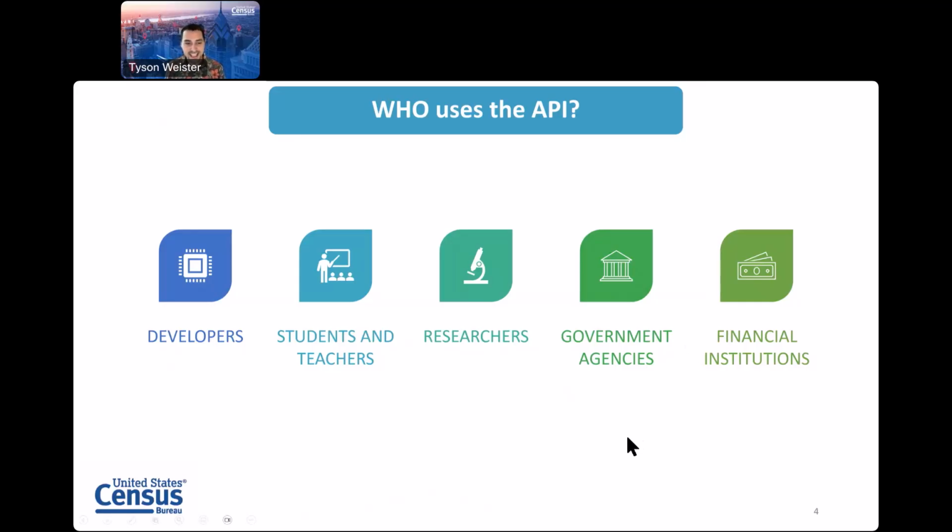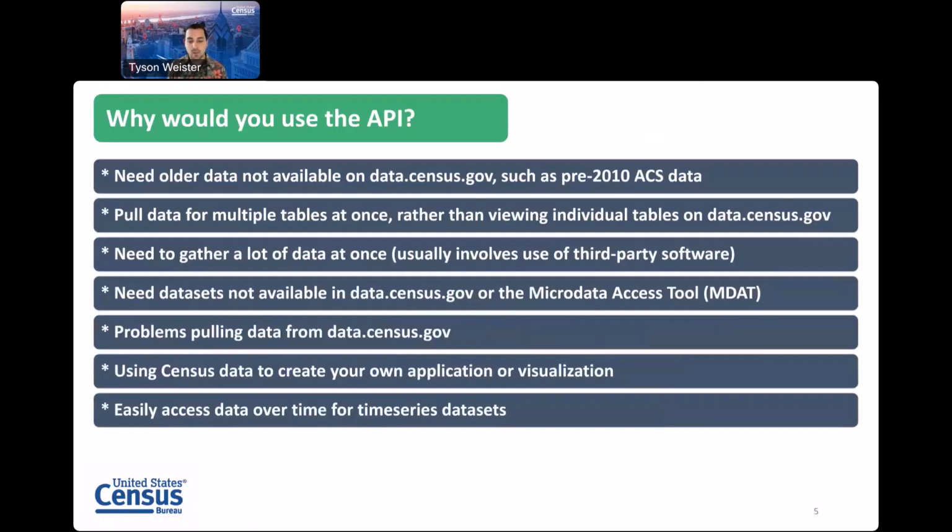It's not just for developers, but it certainly fits well with those who have additional technical expertise or experience using software like R or Python, maybe consuming the API in those packages. But for your average everyday user, there are many beneficial use cases as well.